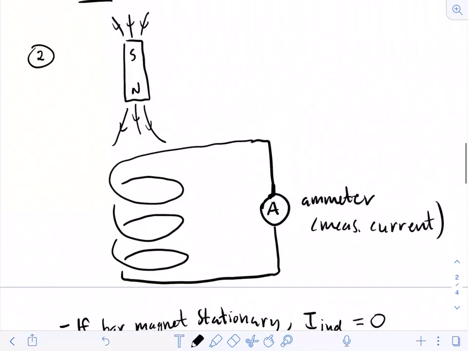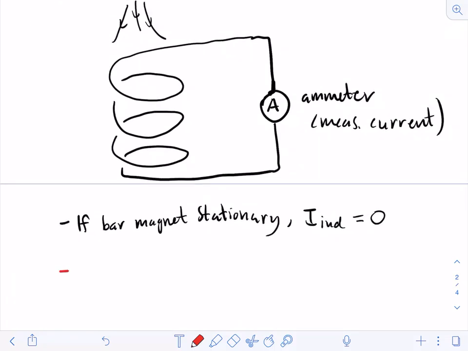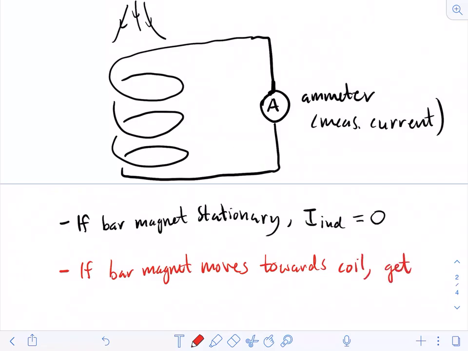Next, we take our bar magnet and move it towards the coil. Okay, so that's the red case. If our bar magnet moves towards the coil, we do get an induced current. And we could use the sign of the induced current from the ammeter to determine its direction.